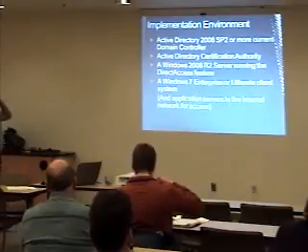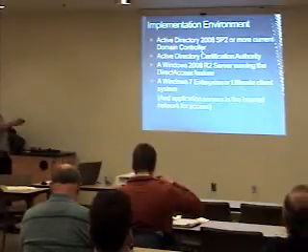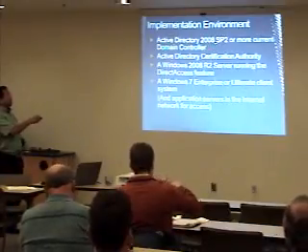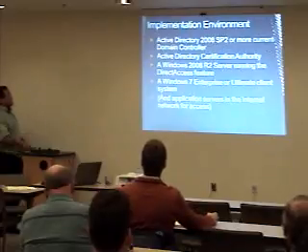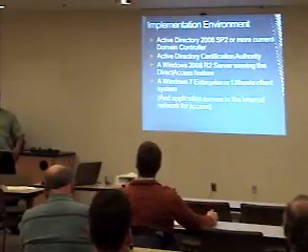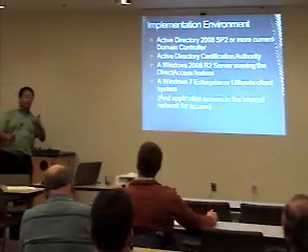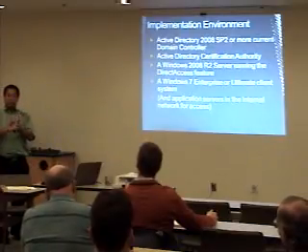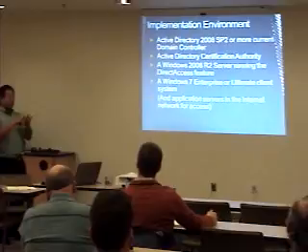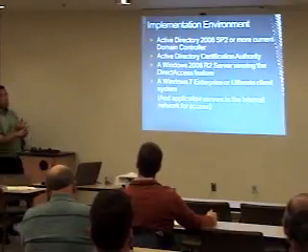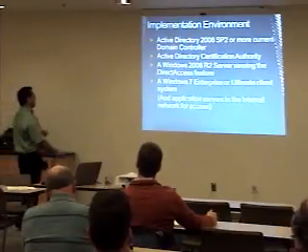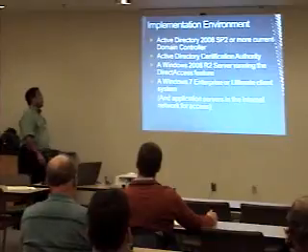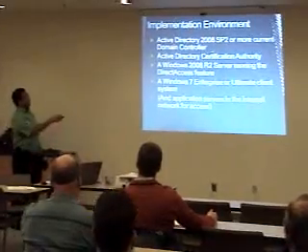Implementation environment. In order for you to be able to run direct access, your Active Directory has to be on Active Directory 2008 Service Pack 2 or higher. And the reason is that it uses functionality built into native mode groups for universal access. It uses IPv6 natively. It uses policies that are specific to SP2.